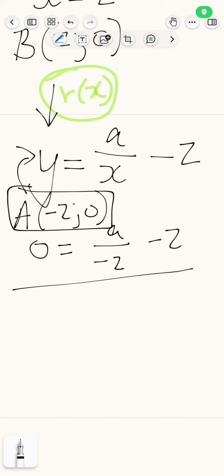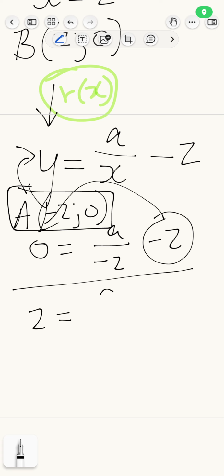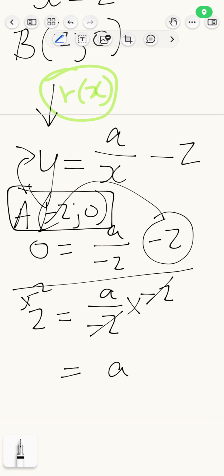We're going to add 2 on both sides. So 2 is equal to a divided by negative 2. You want a alone, so you're going to multiply both sides by negative 2. The negative 2 cancels with that, so on your right-hand side, you only have a. On your left-hand side, 2 times minus 2 is negative 4.